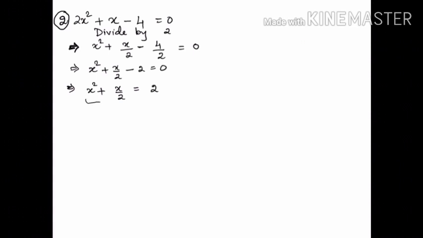Now the left side has to be expressed as a perfect square. We will write it down in the same pattern as a square plus 2ab plus b square equal to 2 plus b square.